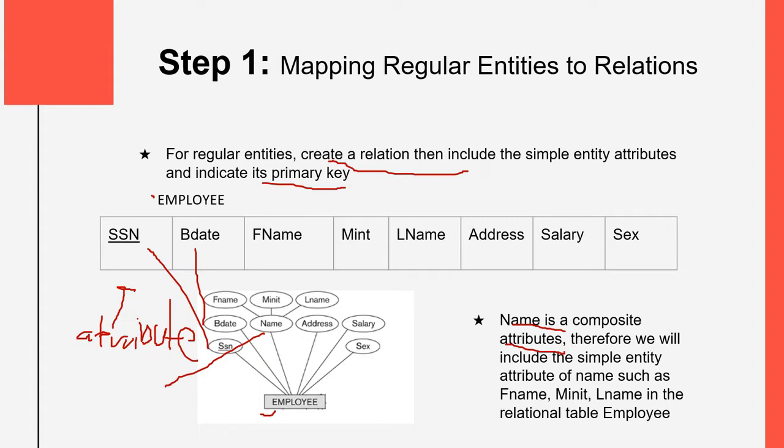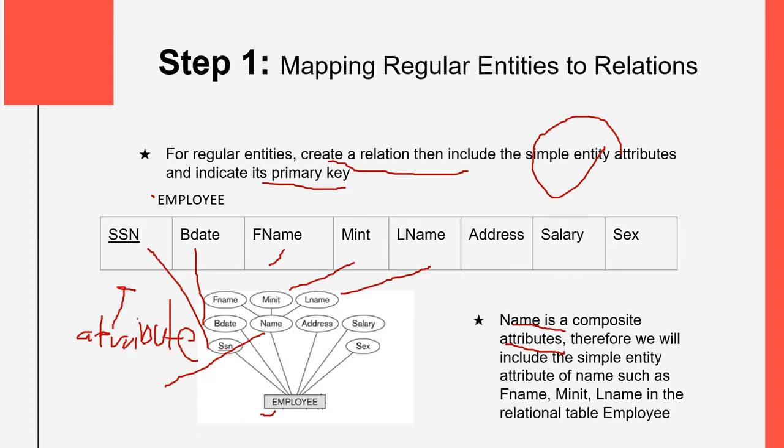Since the regular entity mapping includes the simple attributes, if we find a composite attribute here, we will put its simple attributes in the column here for the attributes. So we will put the F name, middle name, and also last name, address, salary, and sex.